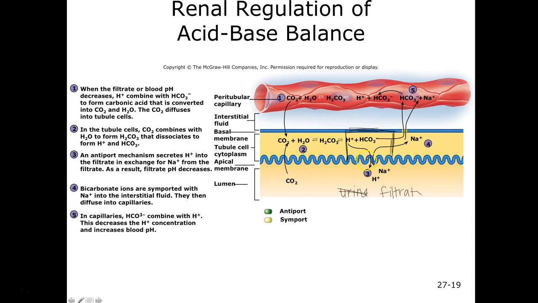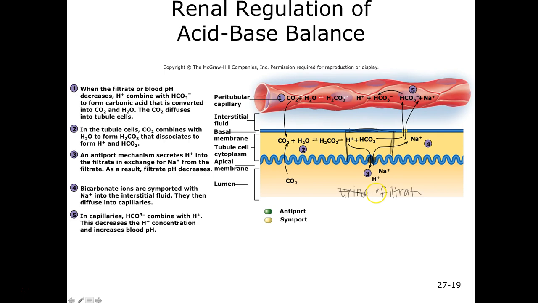We have special proteins or transporters that lie within the cell. This would be an antiporter, and it takes one of those hydrogens and puts it into our filtrate to get rid of it.